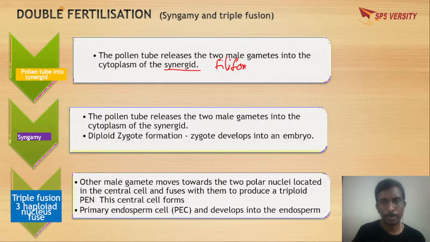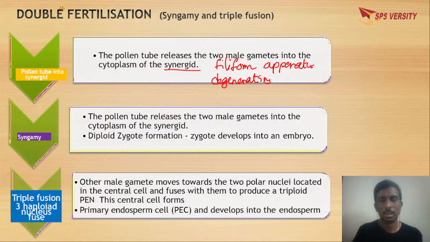In an embryo sac, there are 2 synergids. One is called the degenerating synergid, to which the pollen tube enters. Okay. So the pollen tube enters into the degenerating synergid and releases the 2 male gametes.